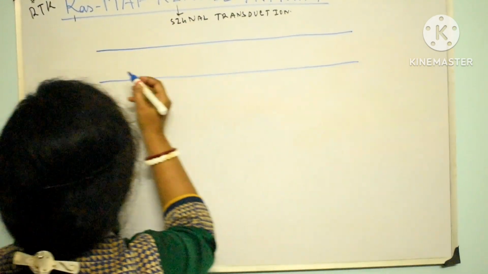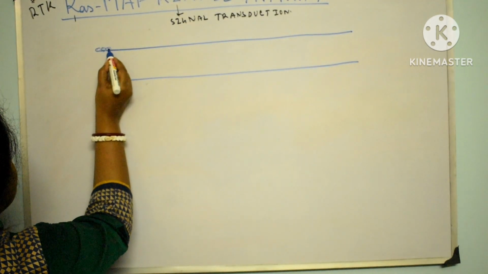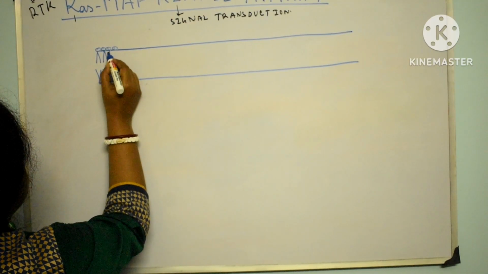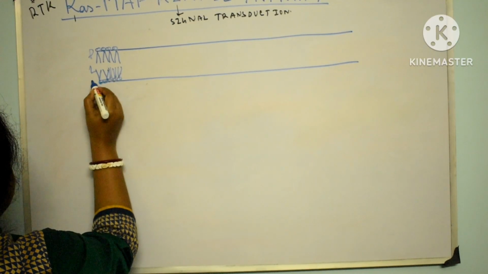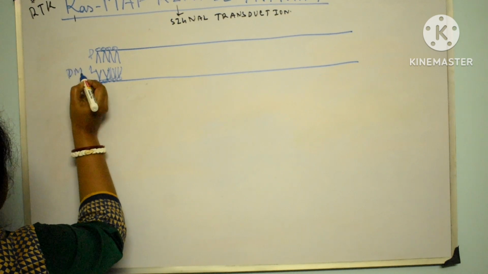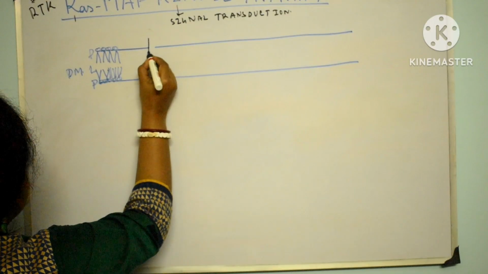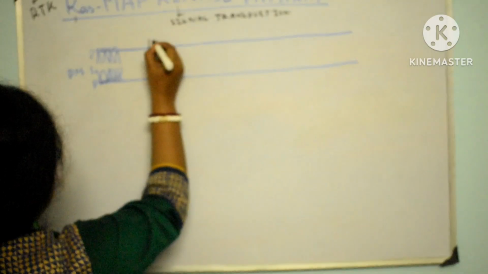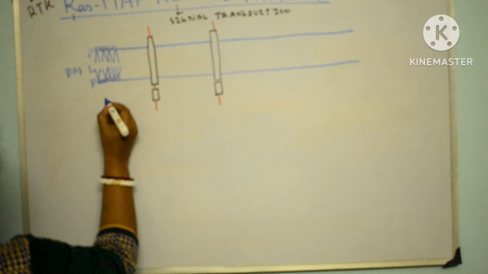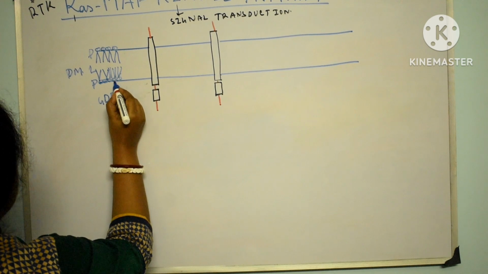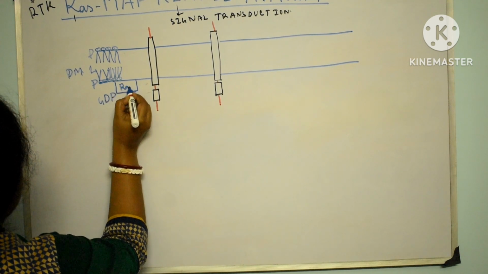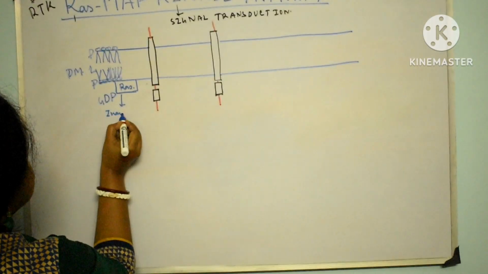Make the plasma membrane layer in this fashion, the phospholipid layer of the plasma membrane. First of all, they are in monomer form. GDP is bound with Ras, inactive.